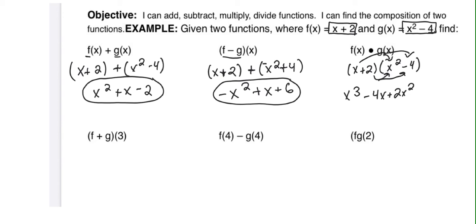And 2 times negative 4 gives us negative 8. Now we can write this in standard form, from highest power to lowest: x cubed plus 2x squared minus 4x minus 8.